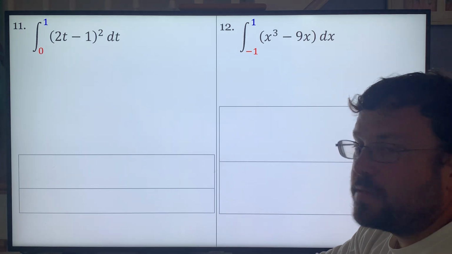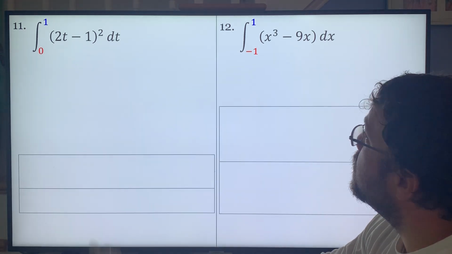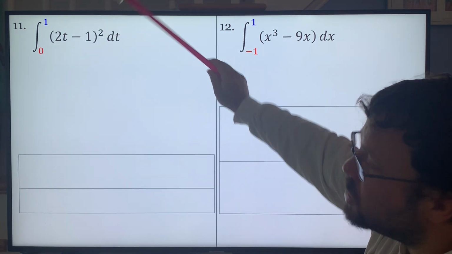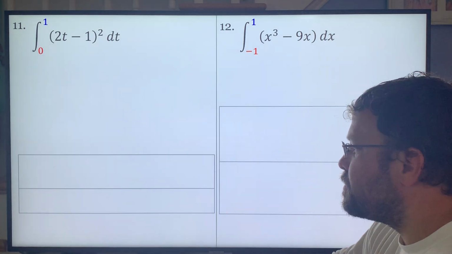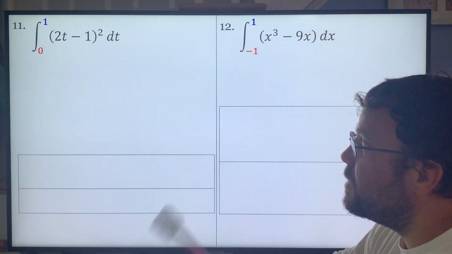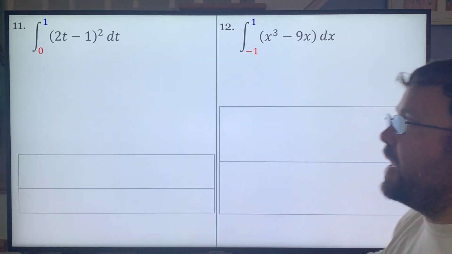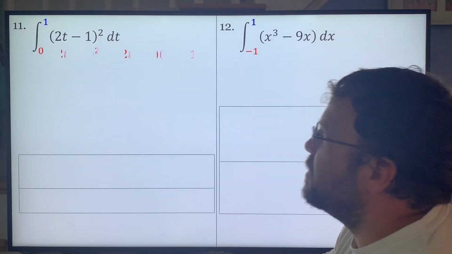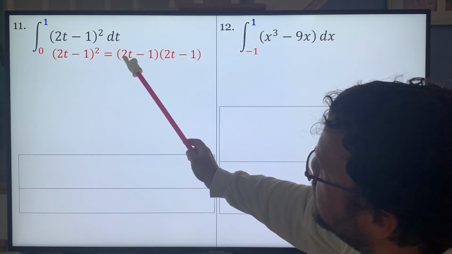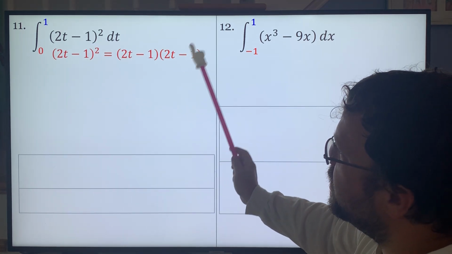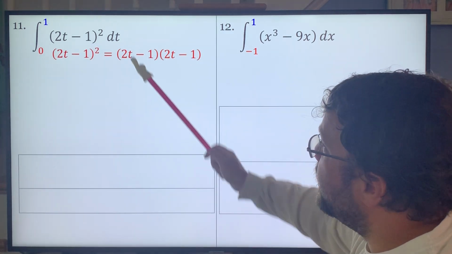Now, you see that? What do you have to do before you integrate it? Expand it. FOIL. All right? So technically what you have to do is 2t minus 1 times 2t minus 1, and then you integrate it.